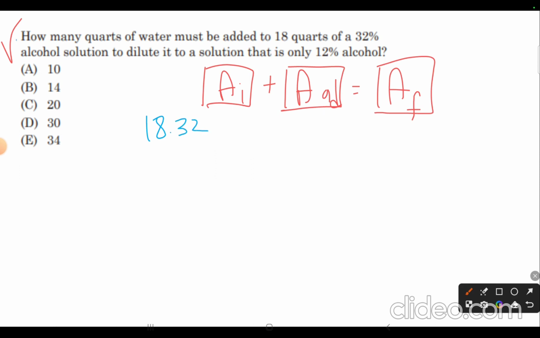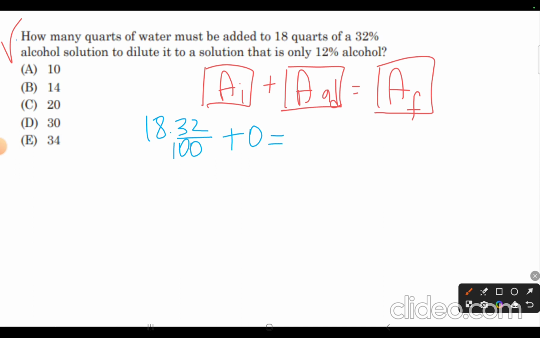How many? 32%. So multiplied by 32 over 100. We find how many quarts of alcohol we have initially, plus water is added. In water there is no alcohol, so alcohol added will be 0.